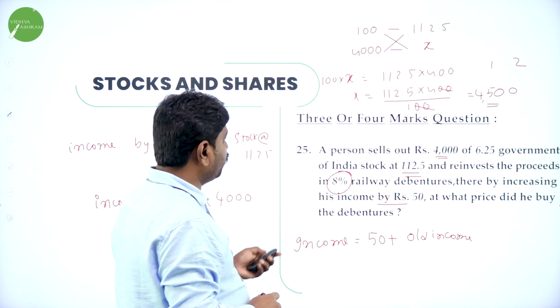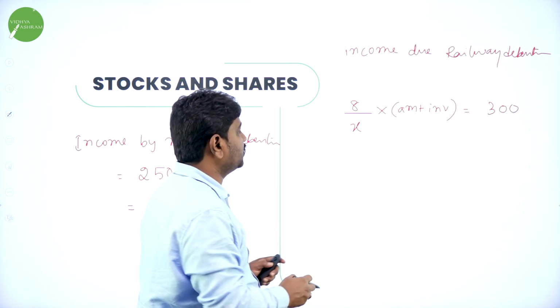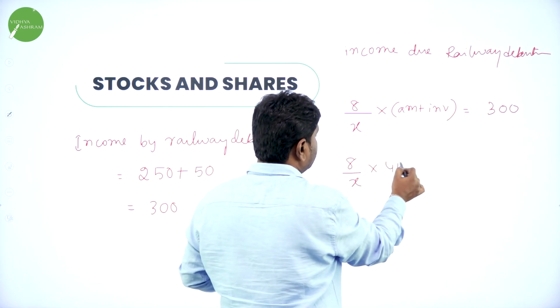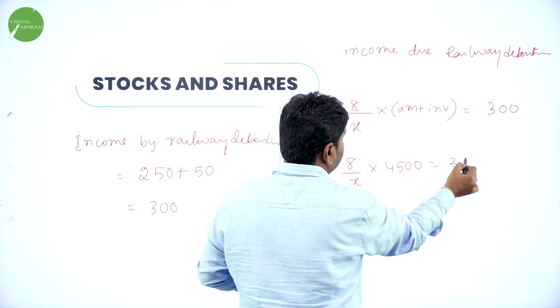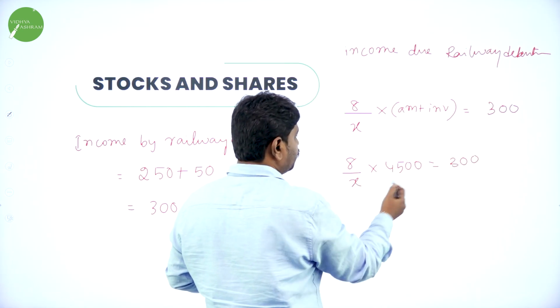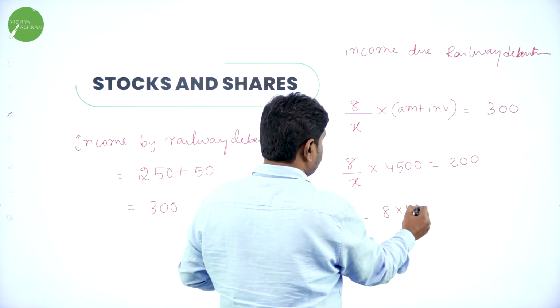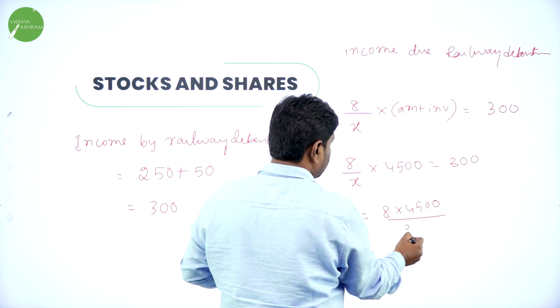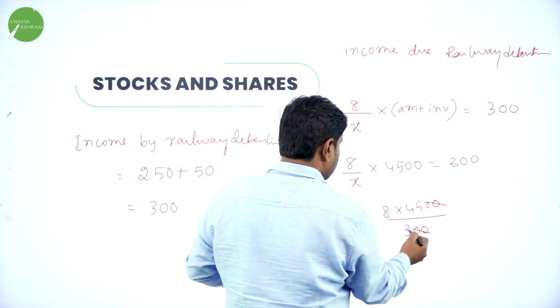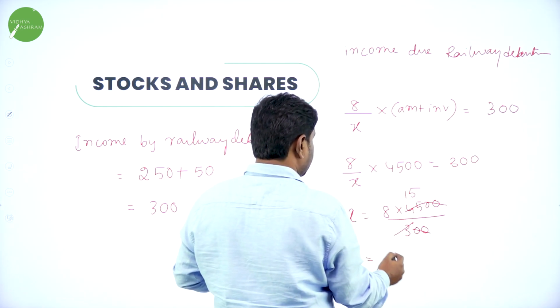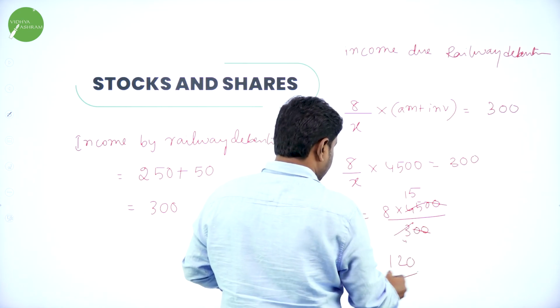So that 4,500 he invests in railway debenture. So 8 by market value into 4,500 rupees invested to get the income of 300. Now rearrange. X is equal to 8 into 4,500 divided by 300. 2 zeros cancel, 3 ones are 3, 3 fives are 15. So you will get 15 into 8, 120 rupees.